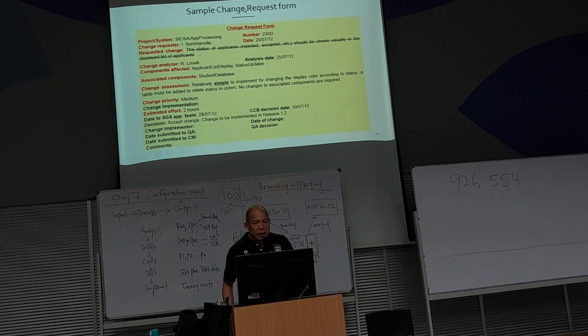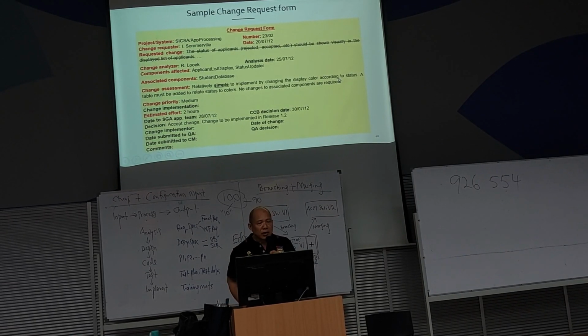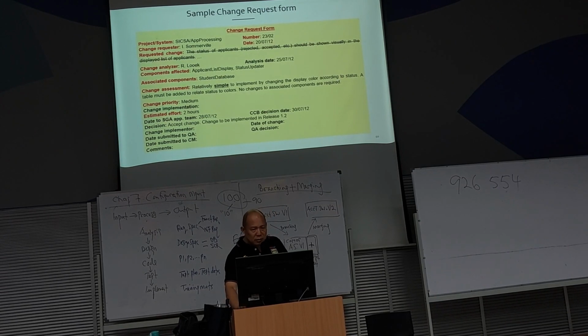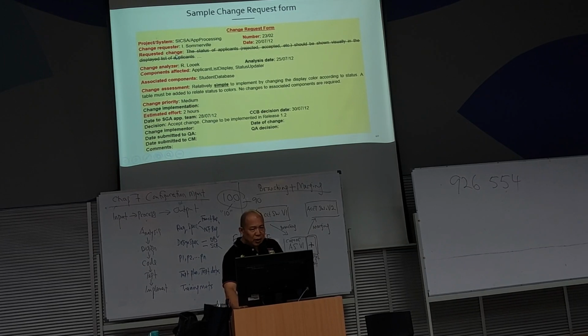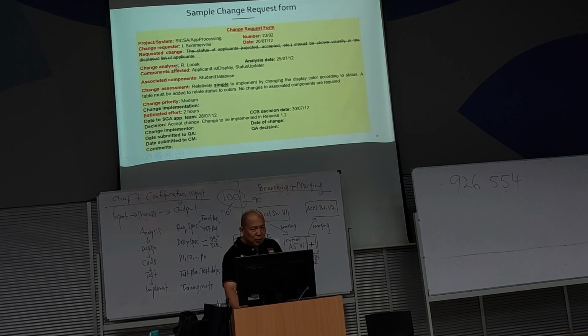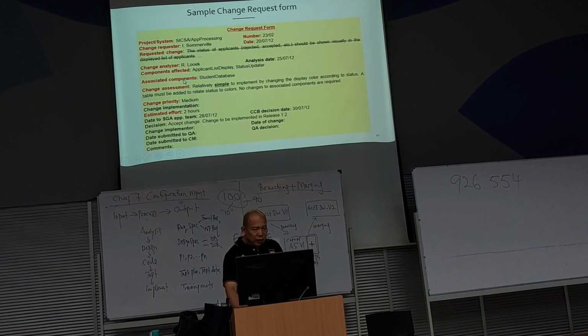These are examples of sample change request forms. Those I've highlighted in red are good. The project, the change requester, who made the request, what is the change, who analyzed the change, and what are the components affected, the associated components affected.